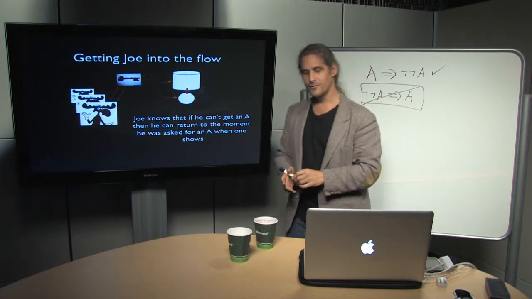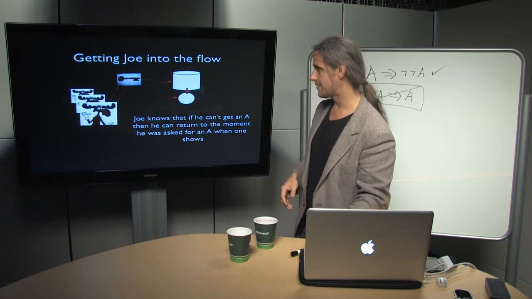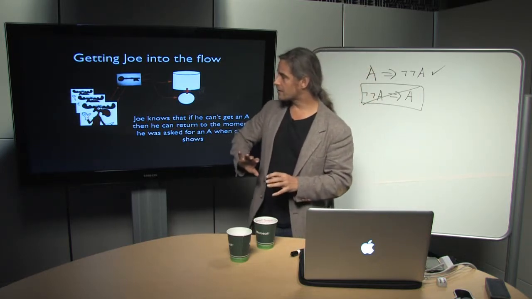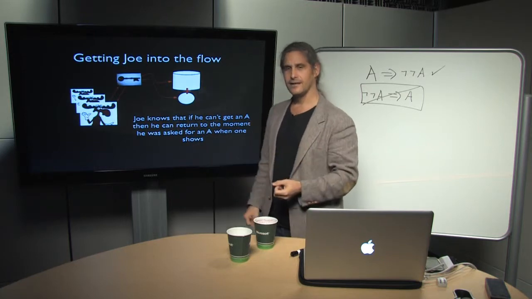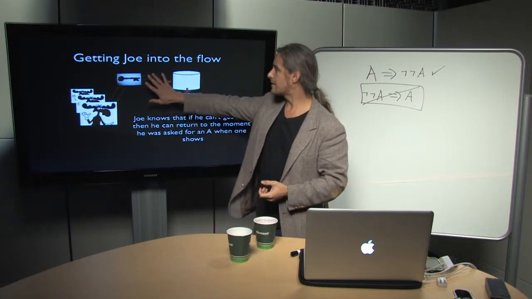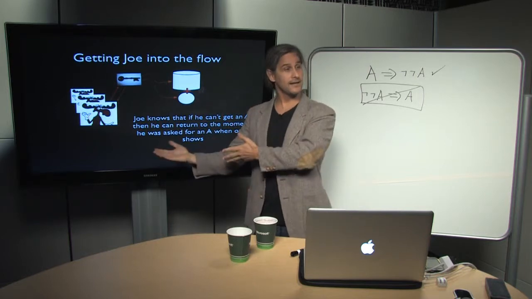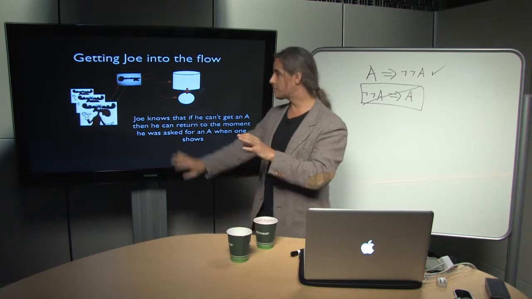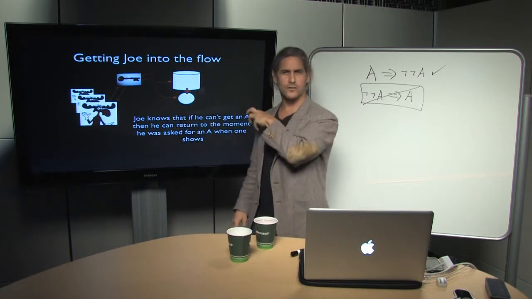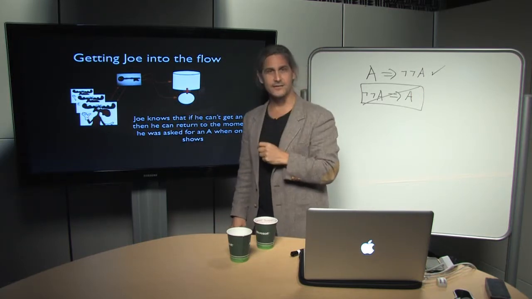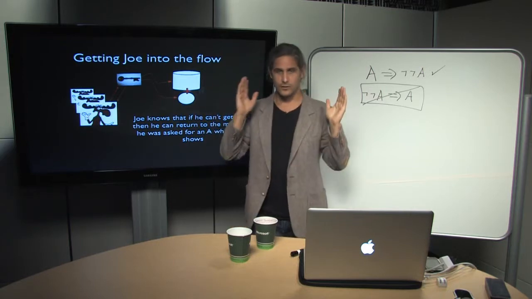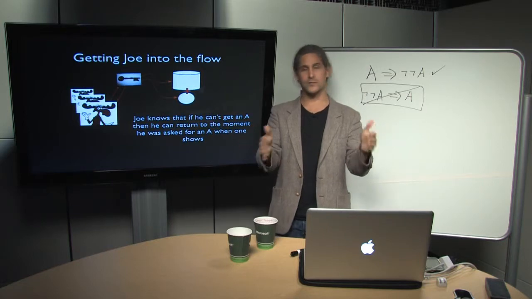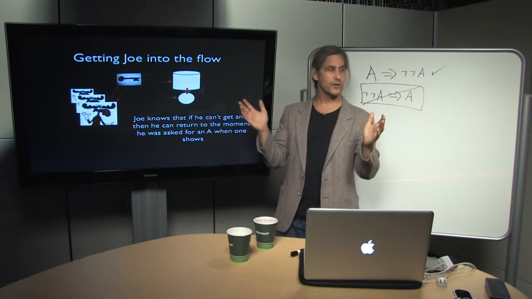Okay? So let's see what that means logically. So a client, one of Joe's clients says A, and Joe asks the key value database A, and the key value database quickly takes a look, notices there's no A, takes a snapshot of Joe's state. That's the essence of taking a continuation, right? So you could take stack frames in the .NET VM or the Java VM, or you could do something more clever.